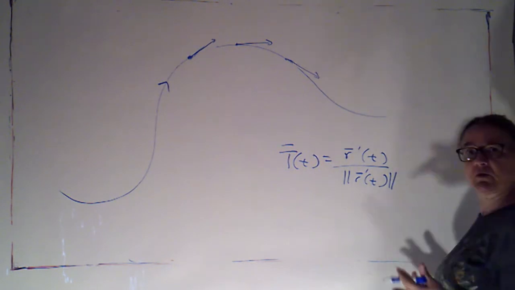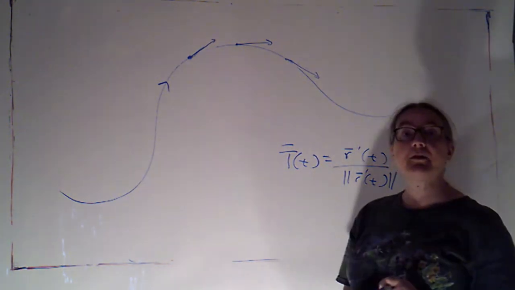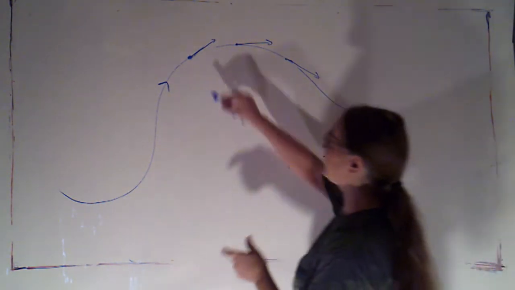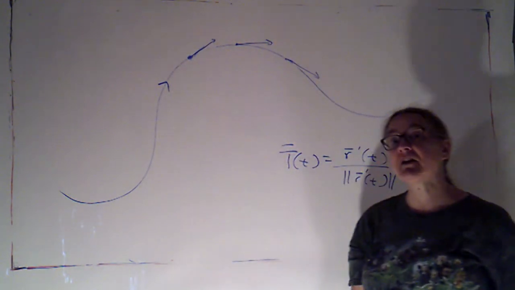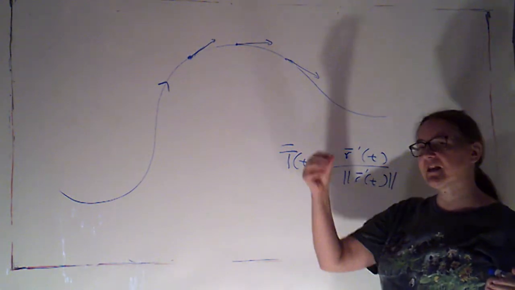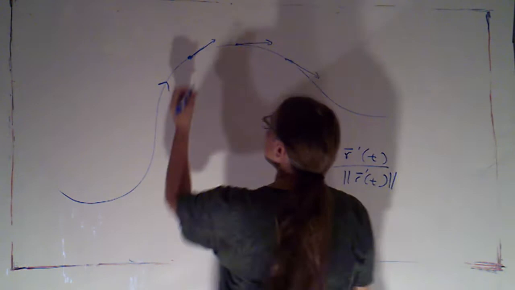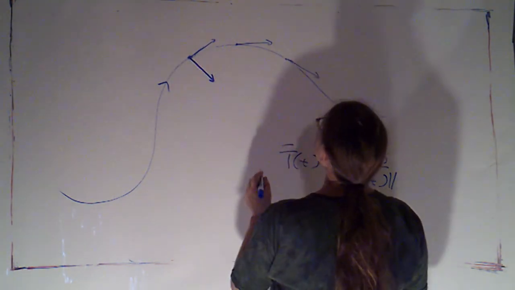But what we're going to do is we're going to come up with a formula for finding a vector that we're going to call the unit normal vector. In 2 space, it will have to point in either this direction or that direction. And a nifty consequence in 2 space is that it always points to the concave side of the curve. So my normal vector here would be pointing in.